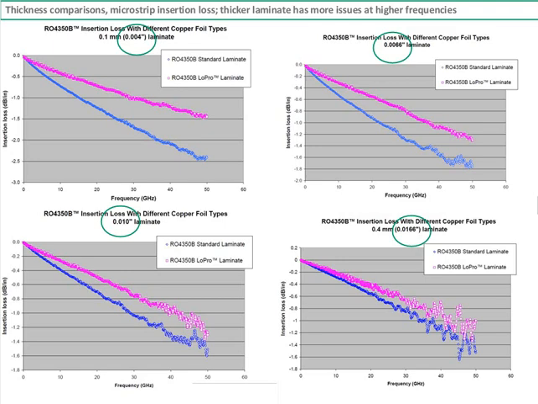So the blue curve is the standard 4350B material with high-profile, rough copper, and the purple-magenta curve, whatever color that is, has lower insertion loss. That's our RO4350B LoPro, which has low-profile, smoother copper. You can see on the thin circuit, the upper left-hand chart, there's a pretty big difference in insertion loss out at 50 gigahertz. The smoother copper definitely has less loss, and that's a good thing.